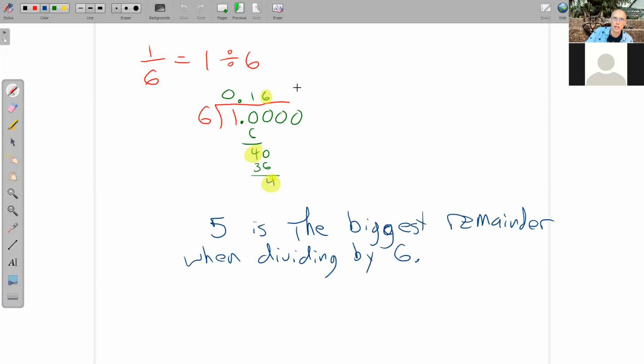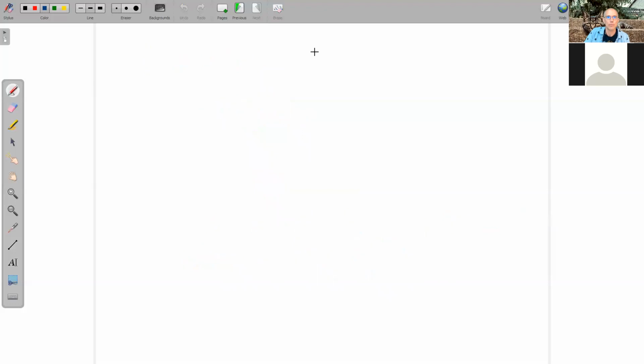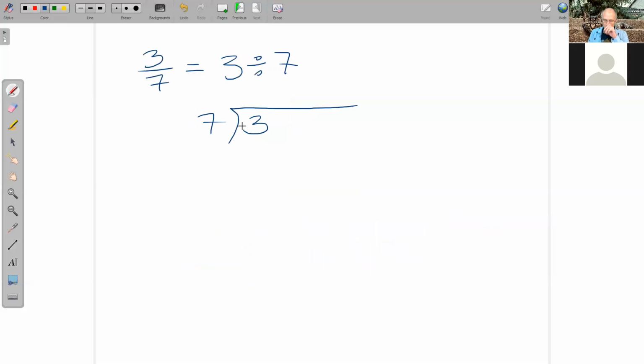So let's do another example. We're ready for 7 now. Let's look at 3/7, which is 3 divided by 7, or 7 goes into 3. This time I'm going to try and do it and then look at the calculator to compare.